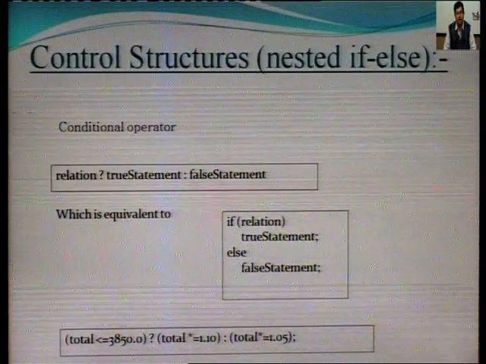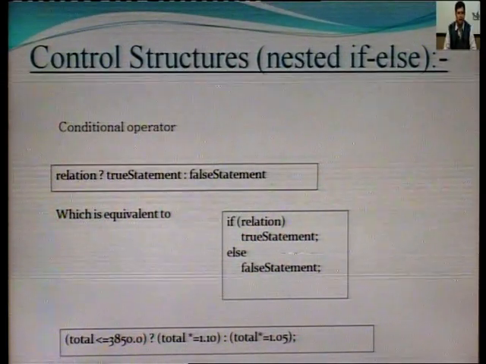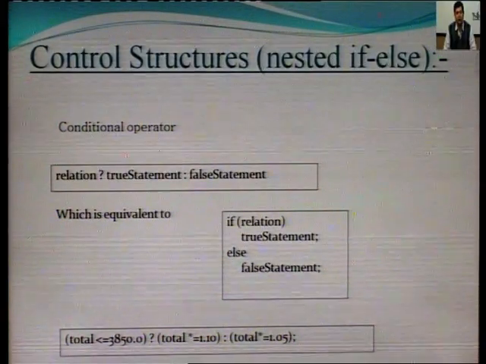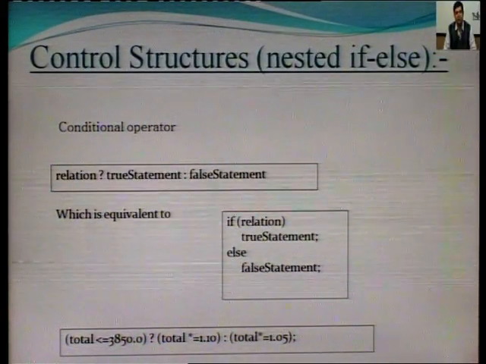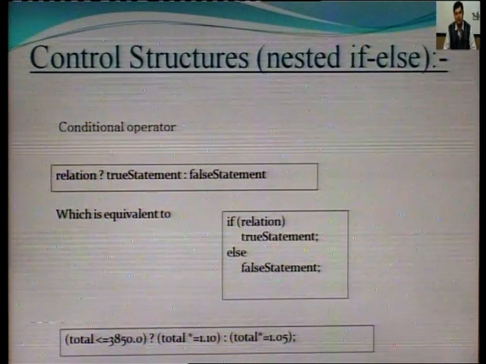Now this is a conditional operator. We use the question mark as a conditional operator. Before the question mark there is a relation, and if that relation is true, then the true statement is executed, and if the relation is false, then the other one. We can represent an if statement with the help of this conditional operator.